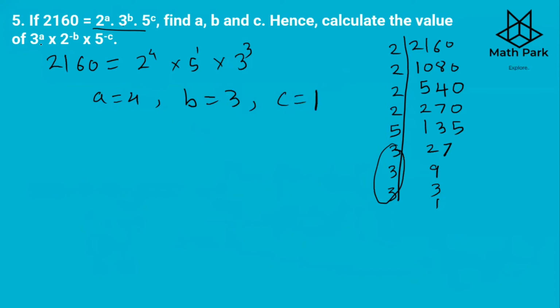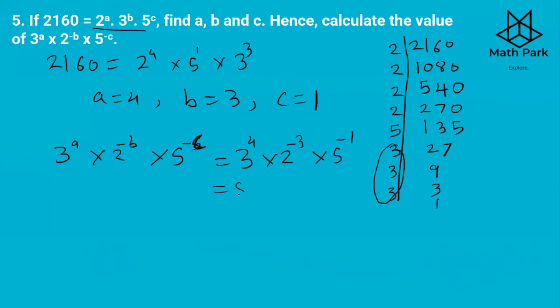Now we have to calculate the value of this. So we write 3 raised to A into 2 raised to minus B into 5 raised to minus C. Let us substitute the values over here. 3 raised to A, A value is 4, multiplied by 2 raised to minus 3 into 5 raised to minus C, that becomes minus 1.